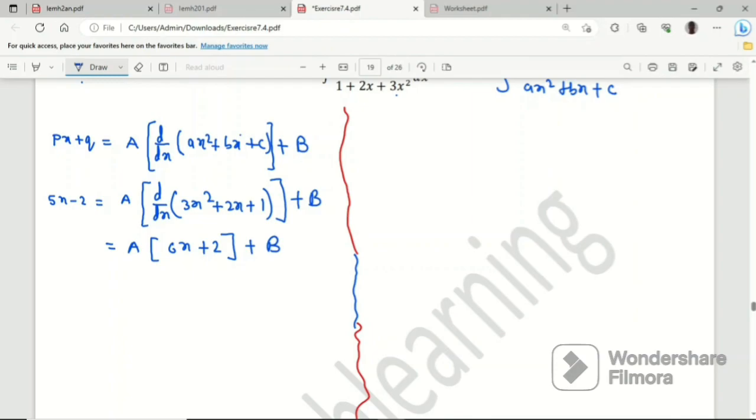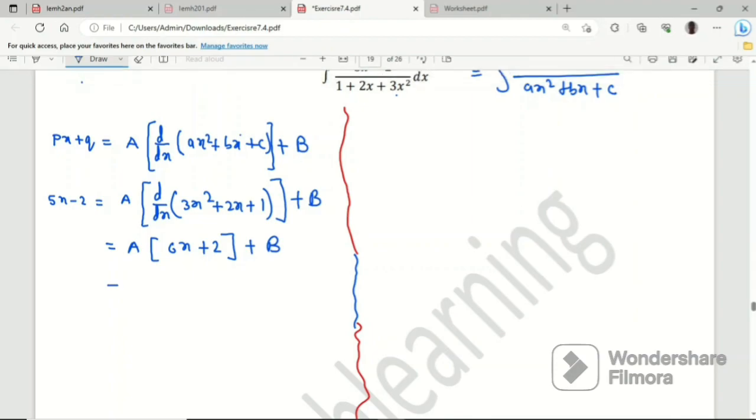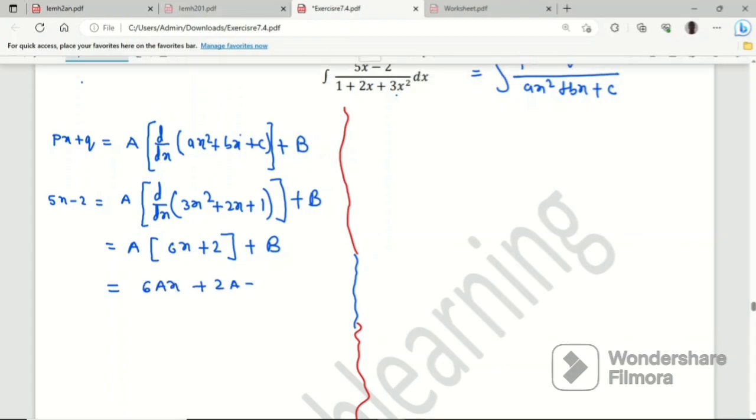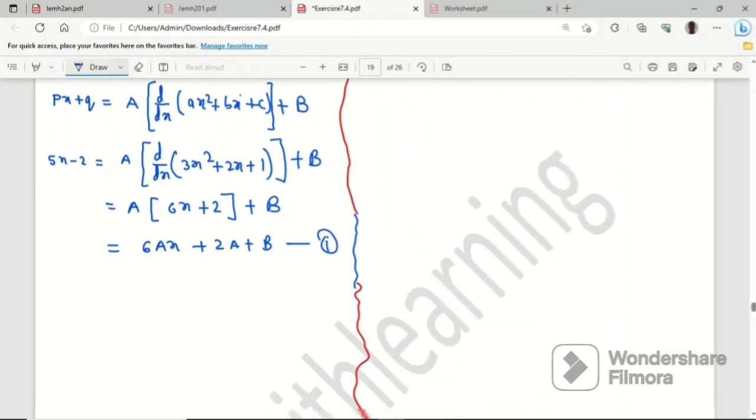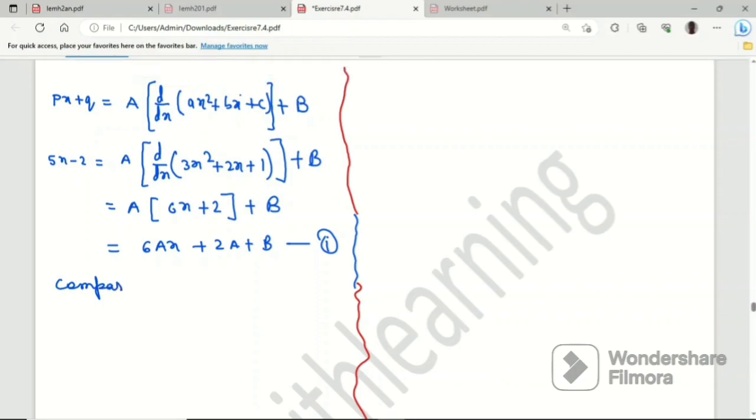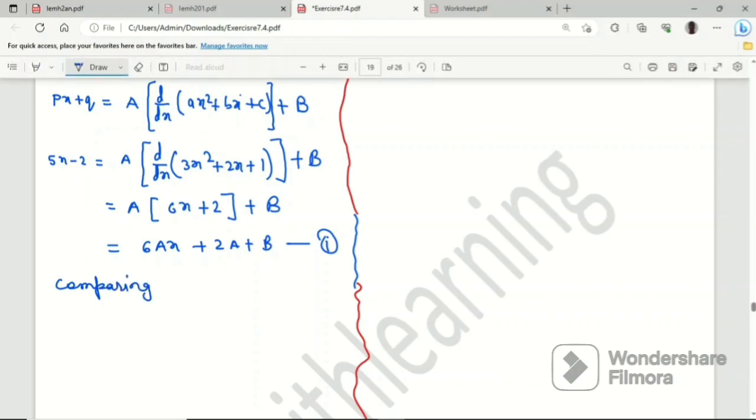Now I'll find the value of a and b. So I'll get 6ax plus 2a plus b. Can you find the value? We'll be using the elimination method to solve such equations. We'll compare both LHS and RHS. Just to find the value of a and b, see how long it will go, it will take one or two pages.